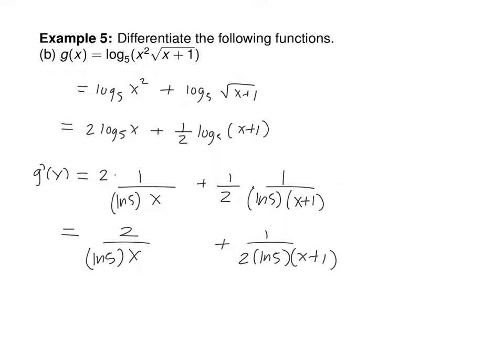So if I do require that, what do you need to multiply the first ratio by for your common denominator? 2 over 2, and also x plus 1. Yep. And the second one just needs to be multiplied by x over x.